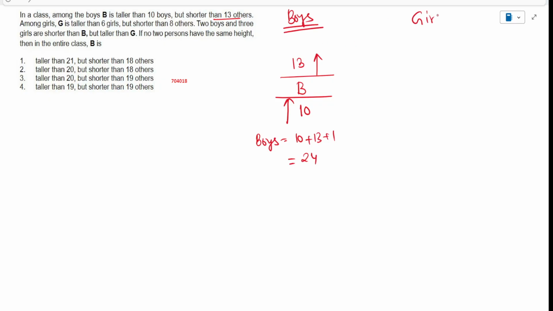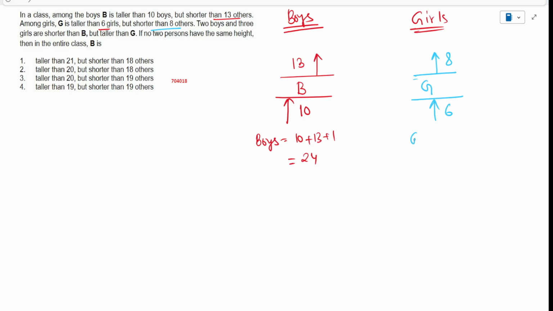Now girls. G is taller than 6 girls. Fine. G is taller than 6 girls. So below G we have again 6 girls and above G we have shorter than 8 others. So above G we have 8 girls.